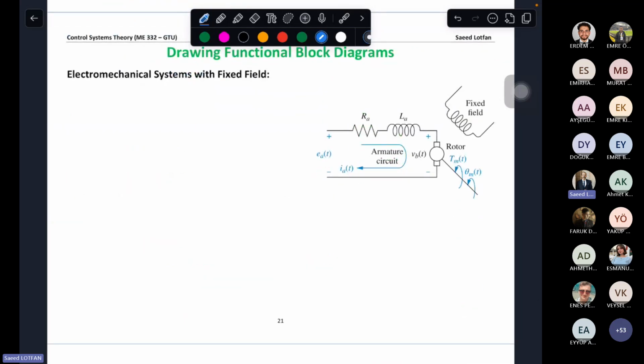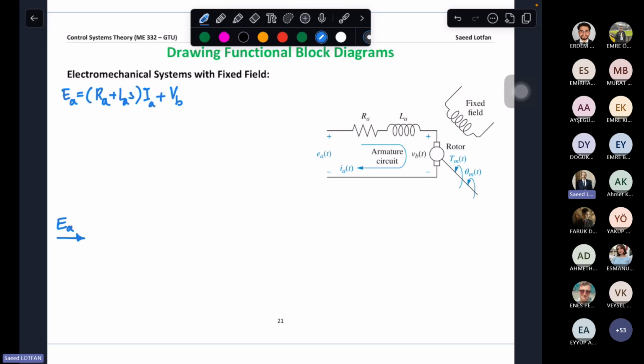Now let's do the block diagram for the fixed field. In the fixed field, the equation was EA equal to RA plus LAS times IA plus VB. If I start with that, EA comes here.